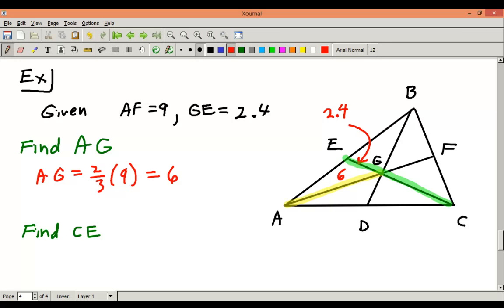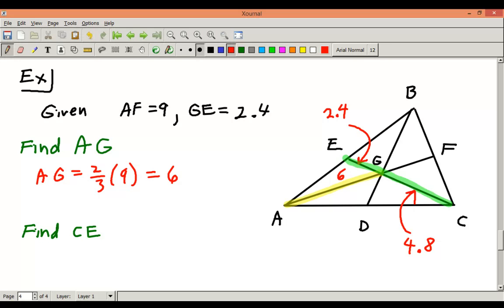Because from point C to point G is 2/3, and from G to E is 1/3. Because 2/3 is exactly twice as long as 1/3, we'll just double the length of GE. So double 2.4 is 4.8. So this piece right here is 4.8, because of that 2/3, 1/3 relationship.